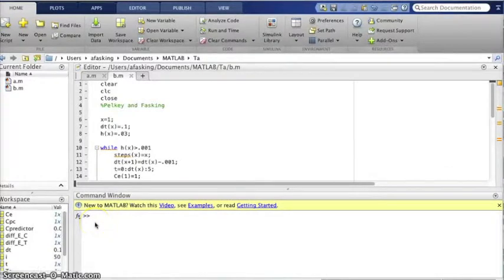So for part B, we were asked to use a while loop to find the required change in time, like the step size, that makes the difference between the Euler and predictor corrector method below a certain standard. So what we did is we started with the classic clear, clc, close, and set our x equal to 1, our step size dt of 1 equal to 0.1, and then our h of x equal to 0.03.